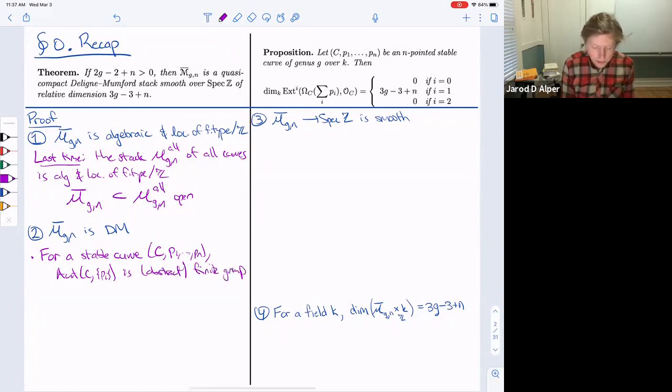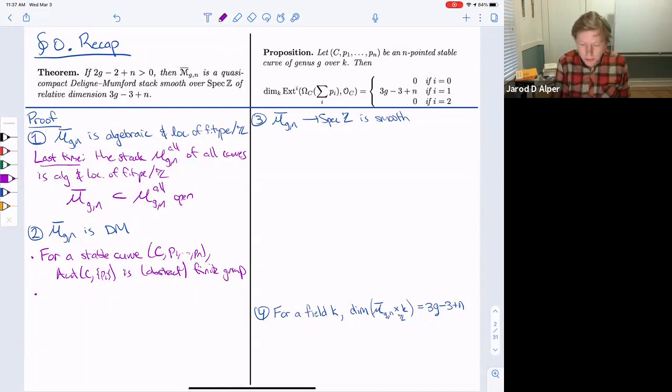That we know, that was even one of the equivalent characterizations of what stable means for a nodal curve. But we need to know more than just that it's an abstract finite group. We need to know that the group scheme is a finite and reduced group scheme.